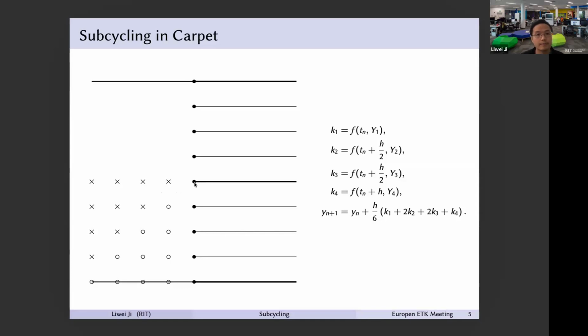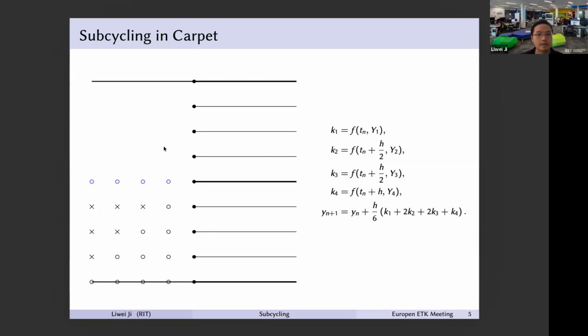But we only make the first substep for the fine level. So in order to make the second substep, we do a time interpolation from the coarse side to update these circles again, because you already evolved the coarse level, and you can do a time interpolation to fill in the blue circles.